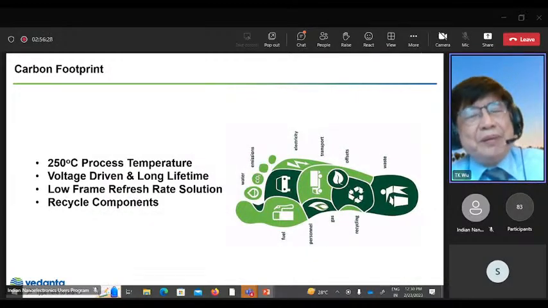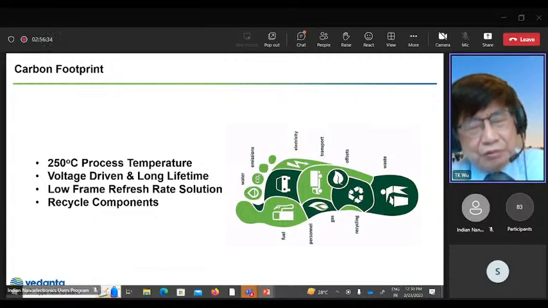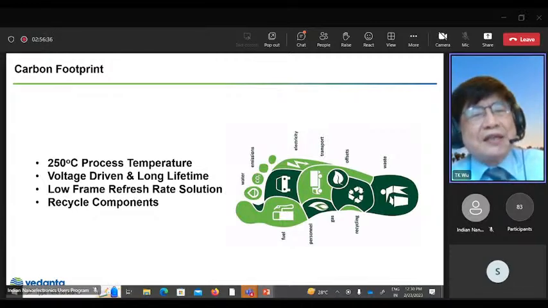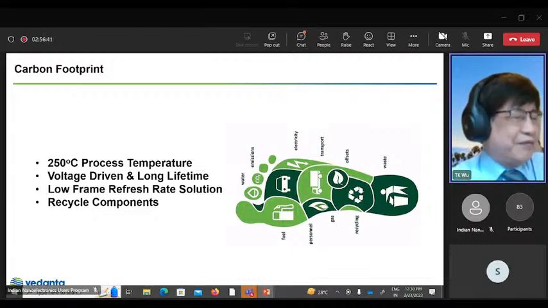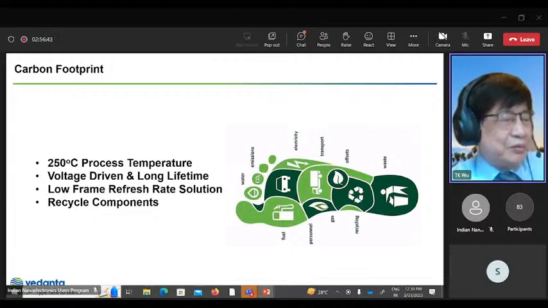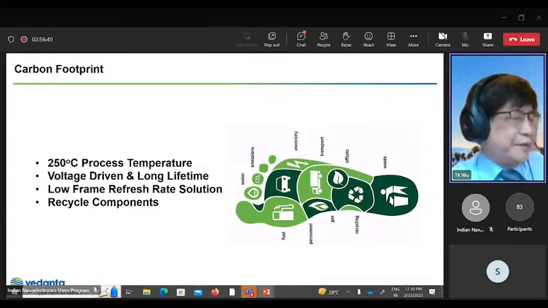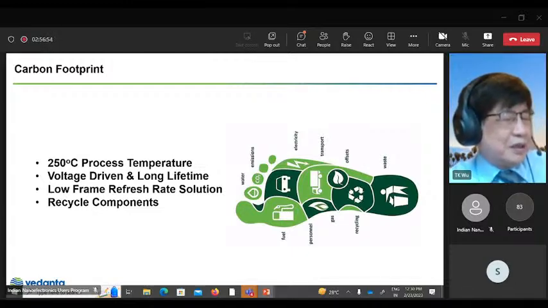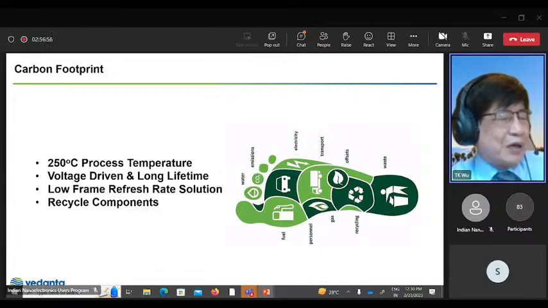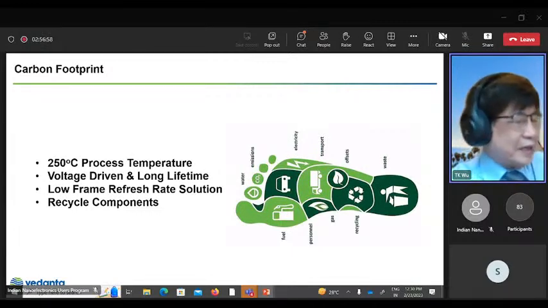I think people are always talking about environmental control, or saving the earth. Carbon footprint is a very important factor in judging whether it is a sustainable technology for the future. The low process temperature, limited to 250, as I mentioned, is a key index.